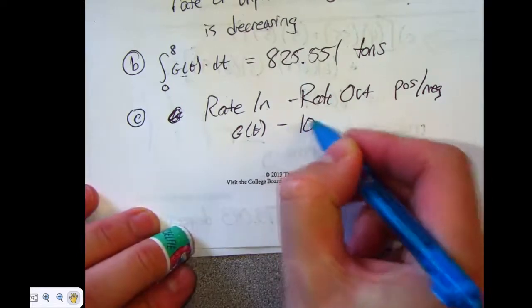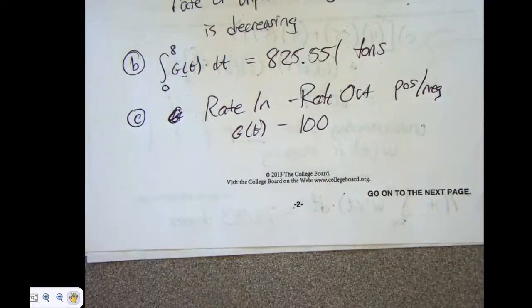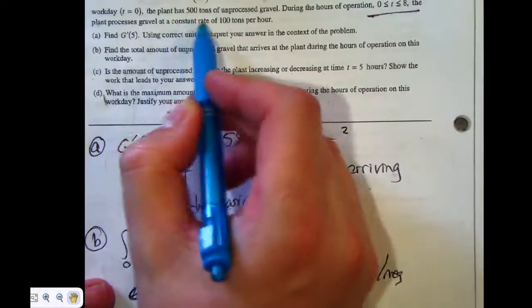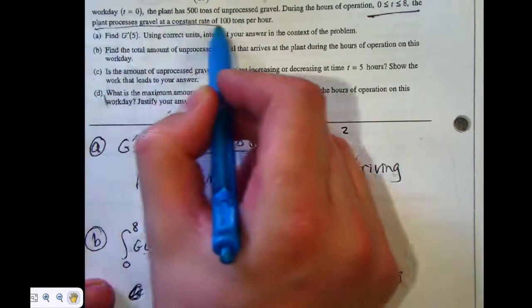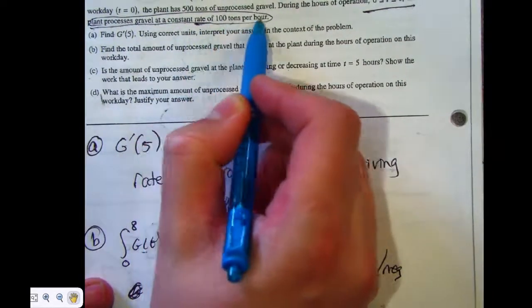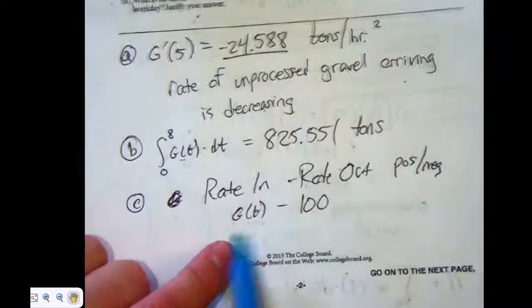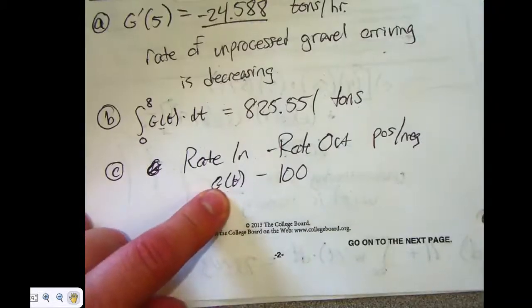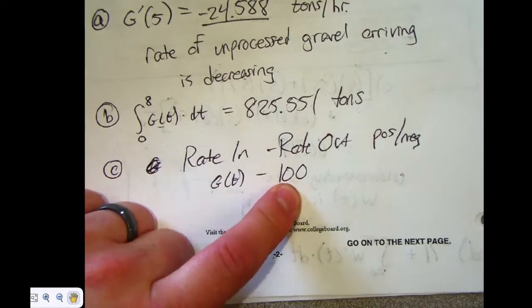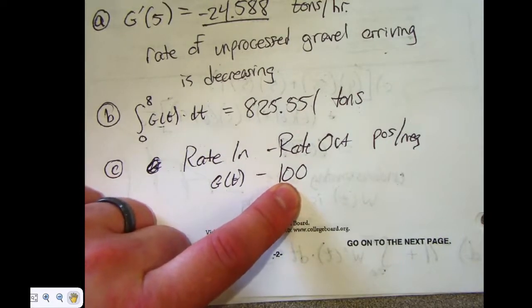100. So it says up in the question, the plant processes gravel at a constant rate of 100 per hour. So that's a rate. That's a derivative. Tons per hour. G of T is the rate the gravel is coming onto the pile. 100 is the rate at which it's getting processed and therefore being removed.